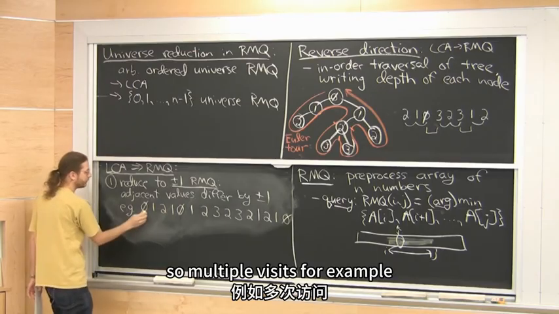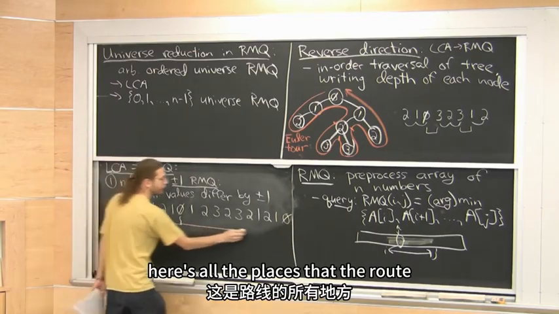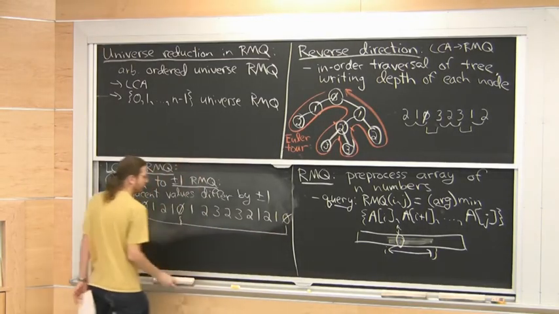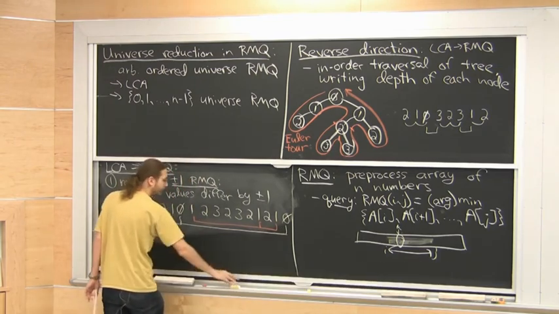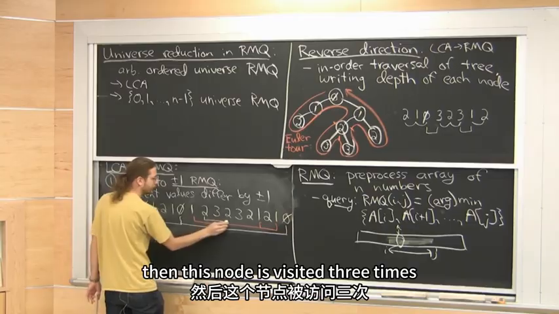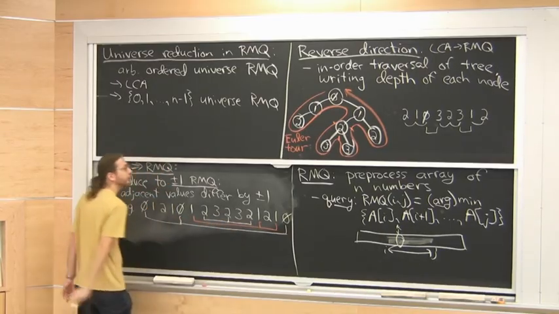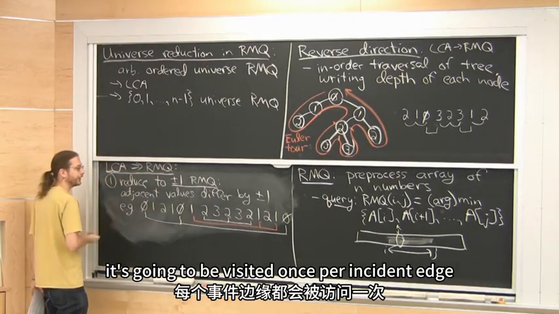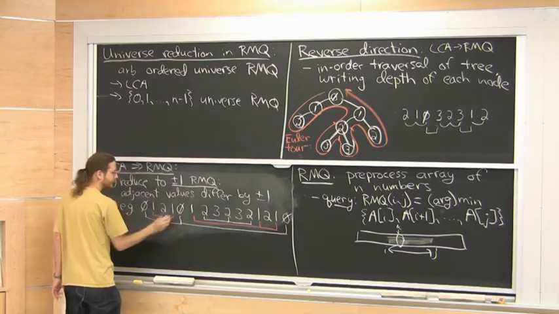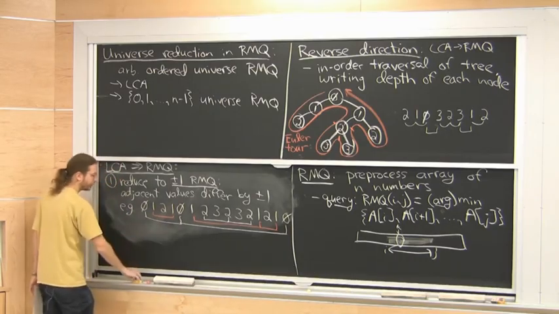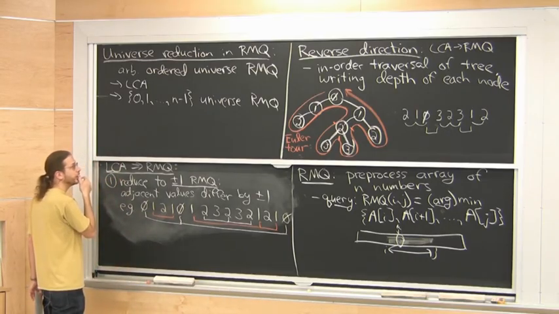So with multiple visits, for example, here's all the places that the root is visited. Here's all the places that this node is visited. Then this node is visited 3 times. It's going to be visited once per incident edge. Okay, I think you get the pattern. I'm just going to store this. And what else am I going to do? Let's see.